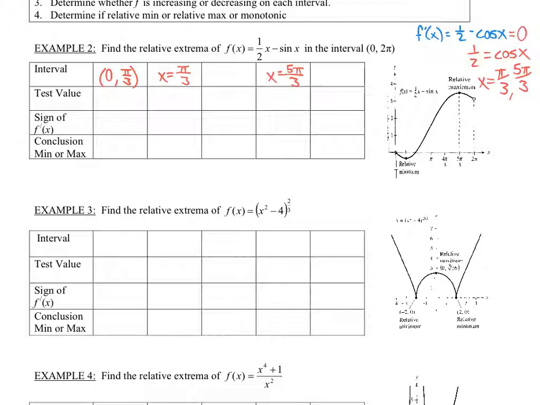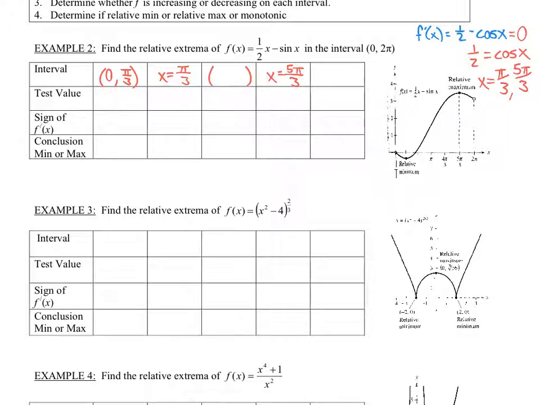All right, so from the left side of my interval up to my first critical number is my first subinterval, you could call it. It's not a bracket, right? It's just parentheses, because at pi over 3 it equals 0. So is that an interval? That's like a point. No, that's an interval.